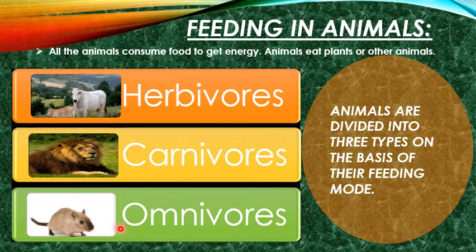Omni means all, and this all includes plants and other animals in the form of flesh or meat. We have a good example here, a mouse. So this is how we have classified the animals into three main types on the basis of their feeding habit. In the next class, we shall discuss them in detail.